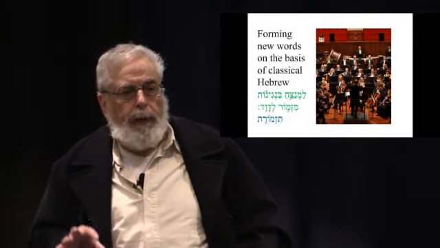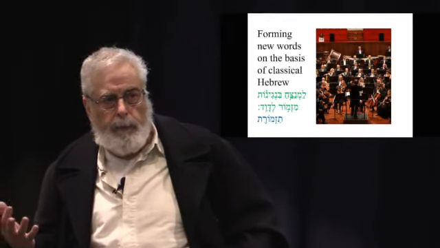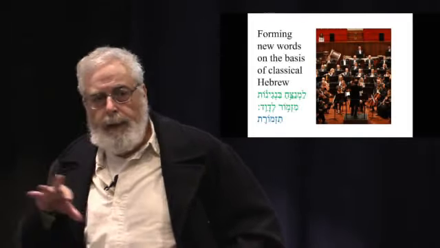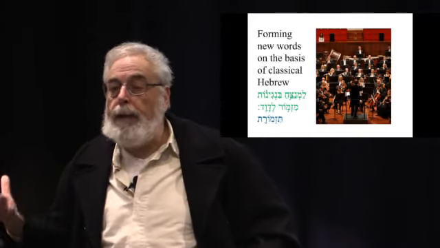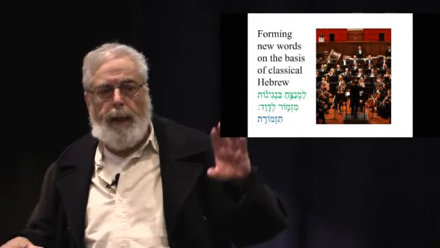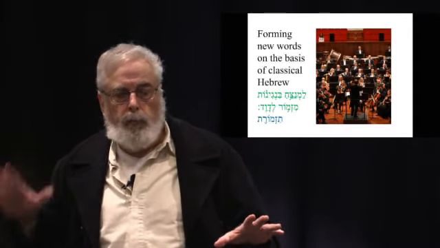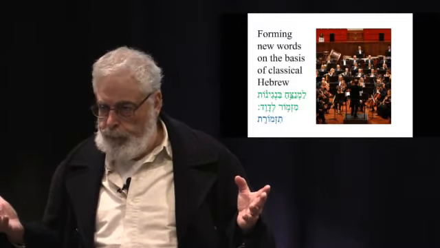If you want to make new words, or to understand how words are done, you will find it is in fixed patterns. And the system is based on root plus pattern. You take a root from the Bible, from the Talmud, most of them from the Bible.